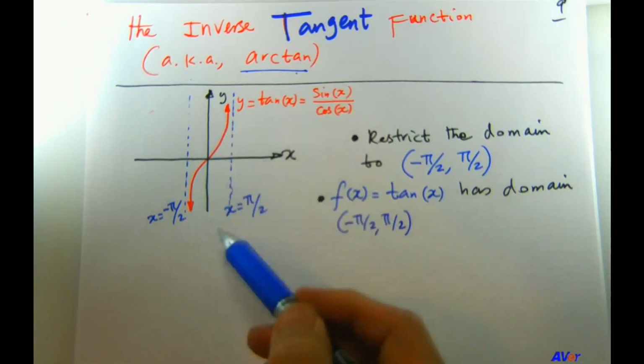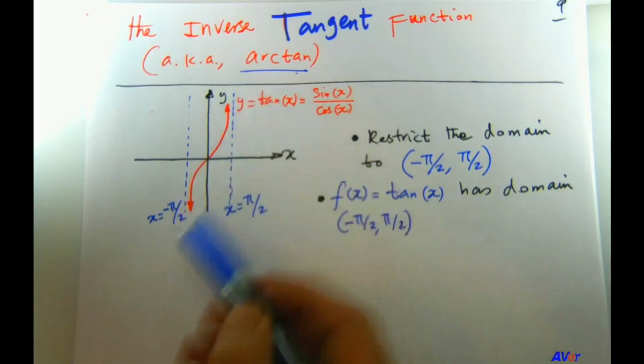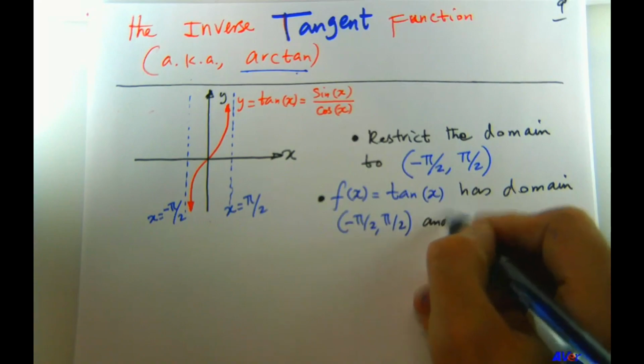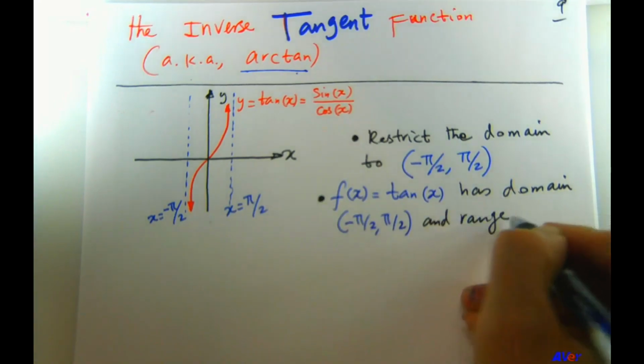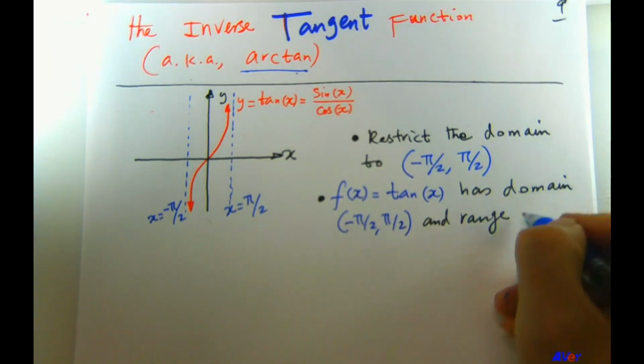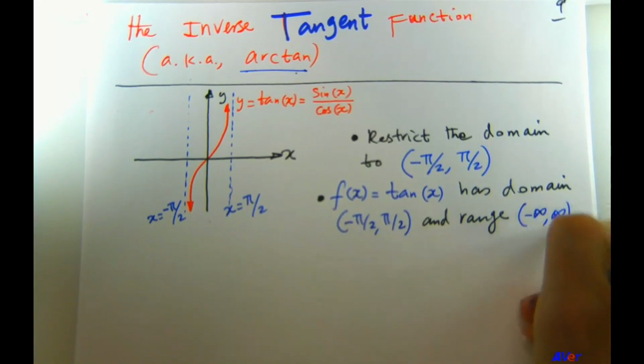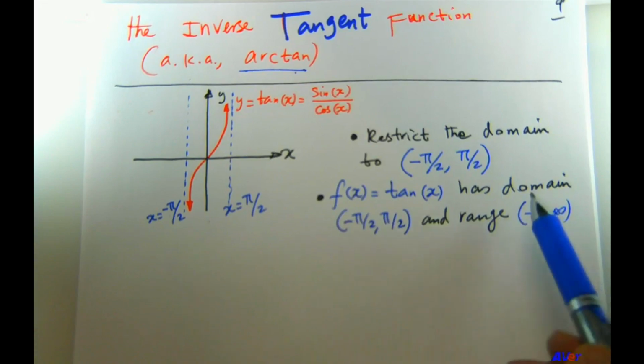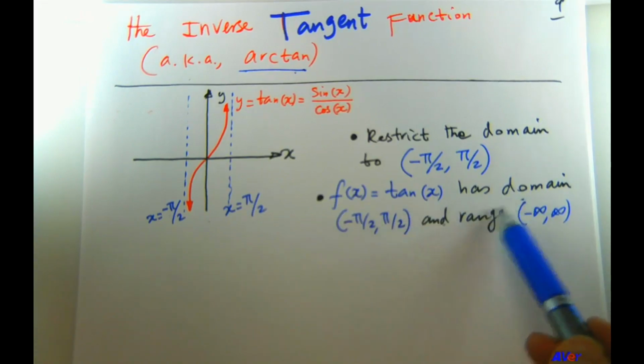And do you see the range? The range is going to be negative infinity to infinity. Now, for the inverse function, the roles of the domain and range are reversed.